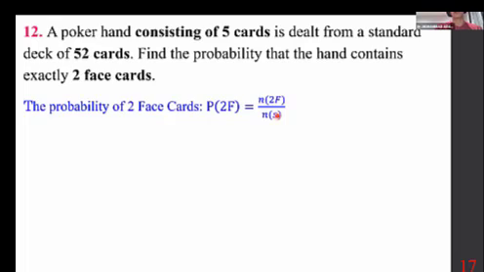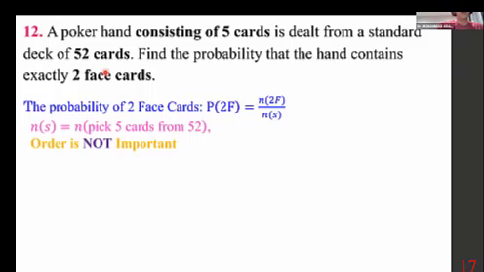Starting with the denominator, I'd like to know what is my sample space. I have a total of 52 cards. And a hand has 5 cards, a poker hand. So that means I need to pick 5 from 52, and order is not important.